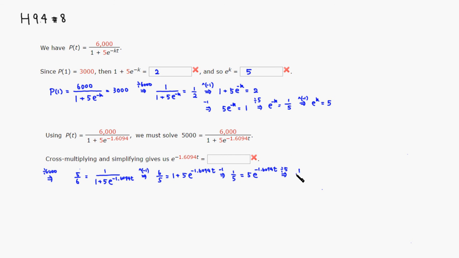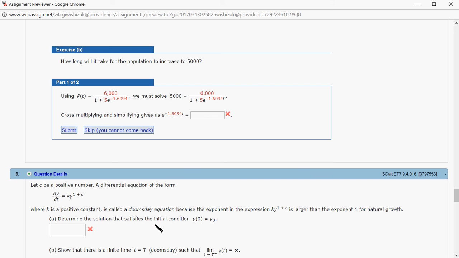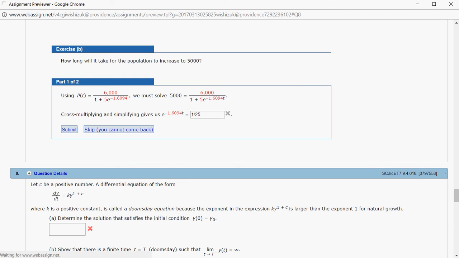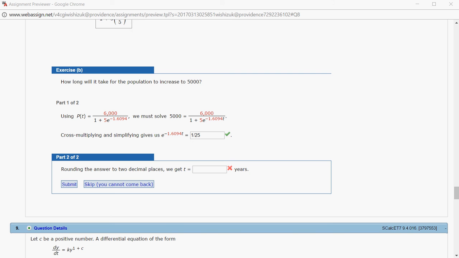So it's going to be 1 over 25 equal to e to the negative 1.6094 t. So the answer is 1 over 25 there. Let's type it in first. This is going to be 1 over 25. Let's submit. It came back and looks like we got this one correct.